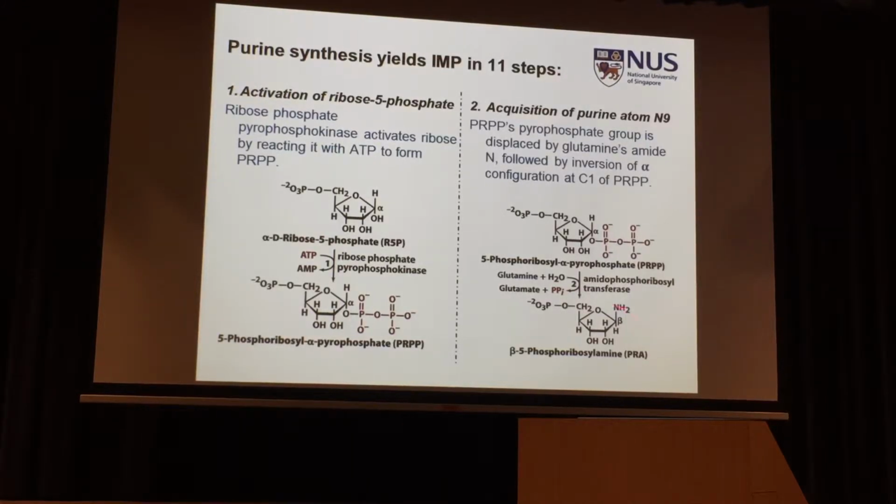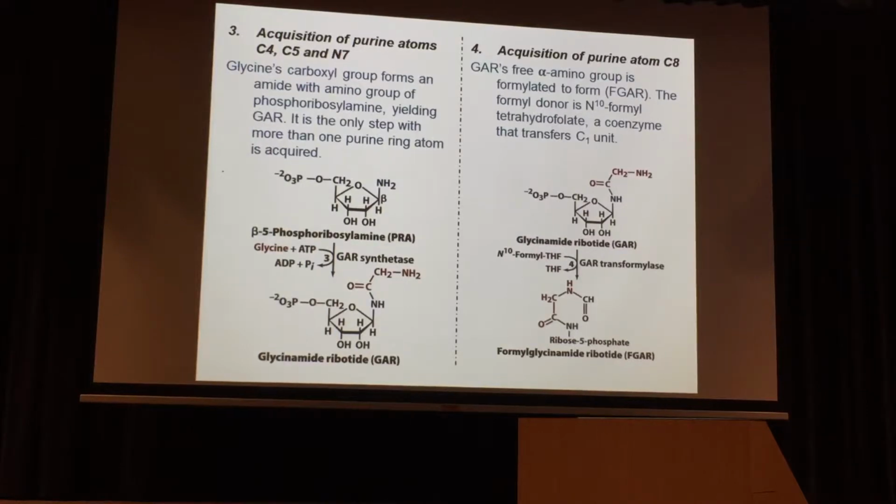So once PRA, a highly reactive compound, is made, we now build the whole of the 5-membered ring. So this is the PRA. In every slide, I always put the previous molecule up here, because I couldn't split it up.